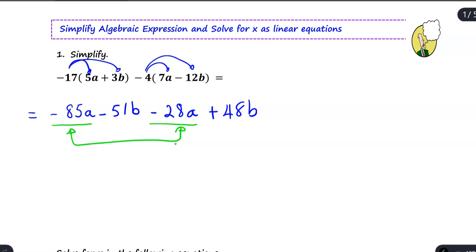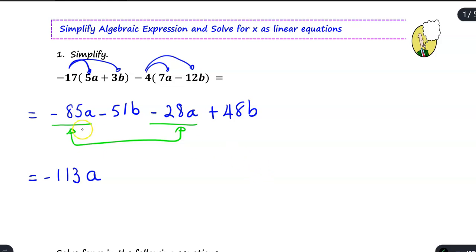Applying the operation, I keep the variable a, but I will have to combine the negative 85 with the negative 28. In this case, I should end up with negative 113.